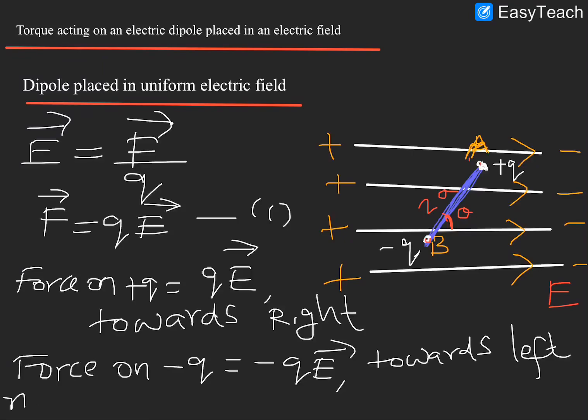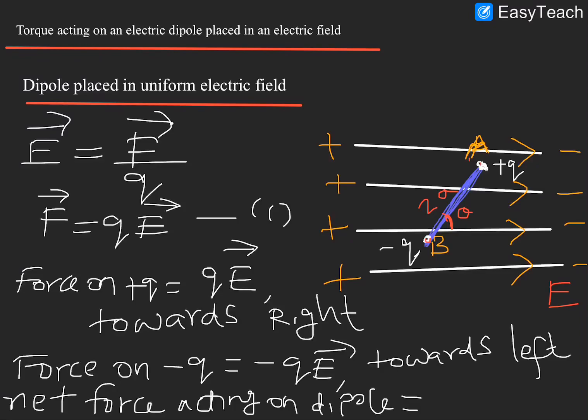So what is the net force acting on the dipole? First one is QE, second one is again QE, but in the opposite direction, minus QE, which will be equal to 0.